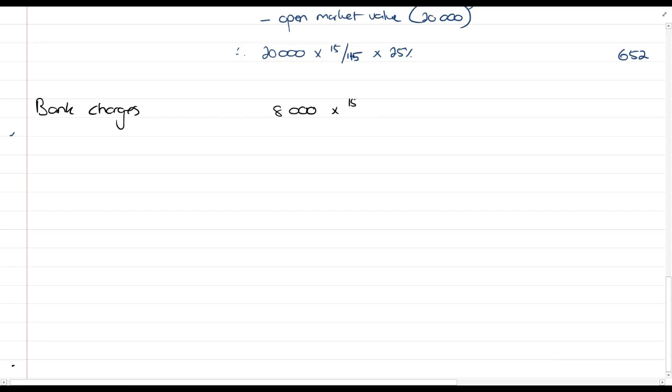The amount is including VAT because it's our cash journal, and we can only claim 75% of that because we are a 75% VAT vendor.